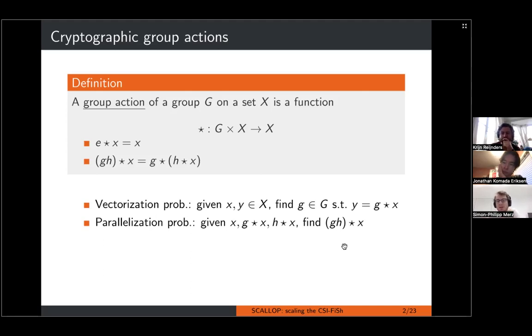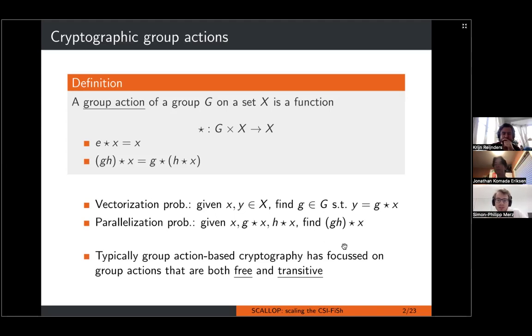And the parallelization problem is you're given three set elements, well, just X, then some group element acting on X, and some other group element acting on X, and you want to find what is the product of these two group elements acting on X. That's kind of the Diffie-Hellman analog in the group.